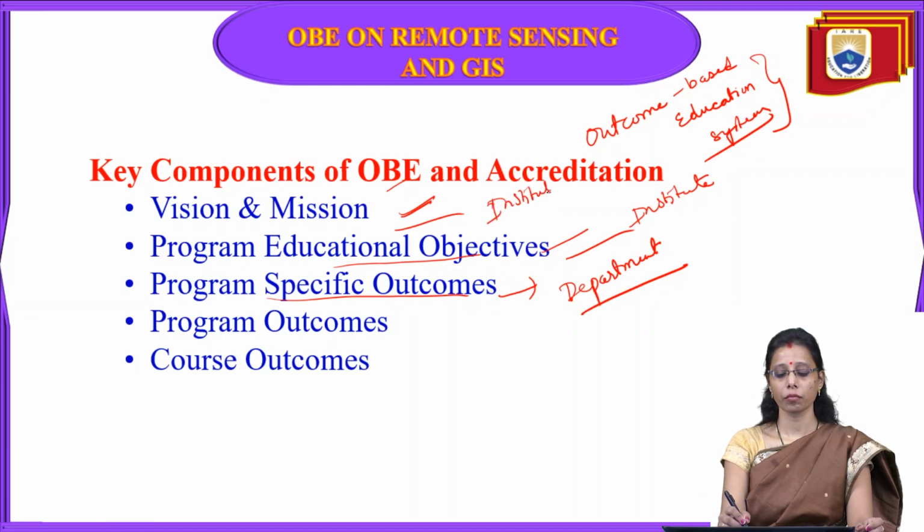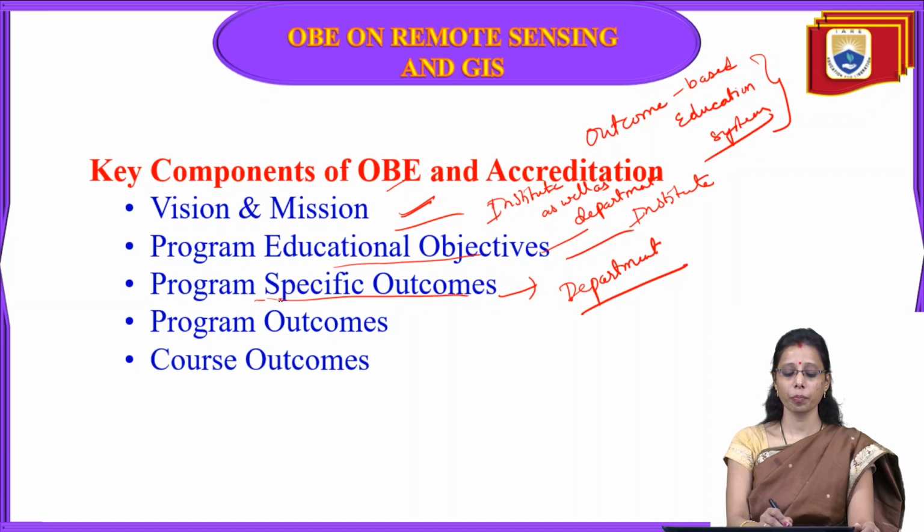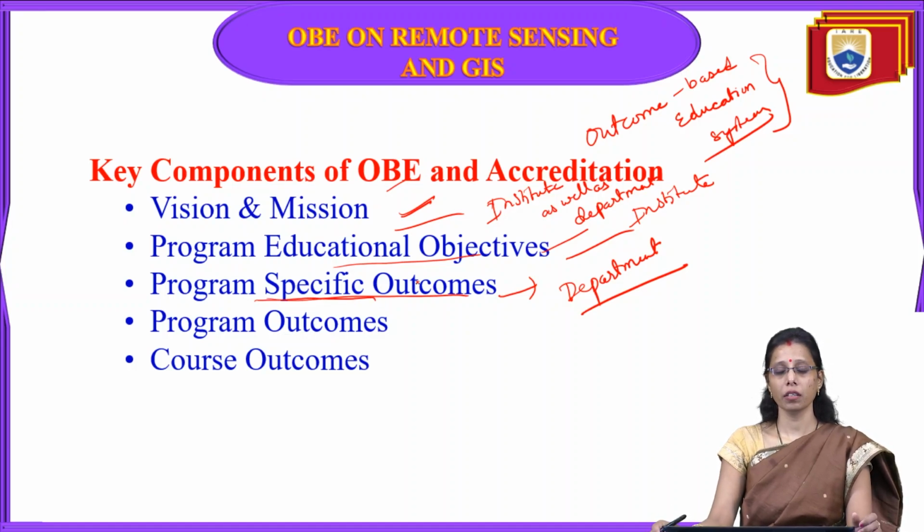When you talk about the specific ones, they are directly related to the departments. They have their own; for example, CSE will have its own specific outcomes, whereas civil will have its own specific outcomes, and likewise other departments like mechanical and aero will have specific outcomes of their department.